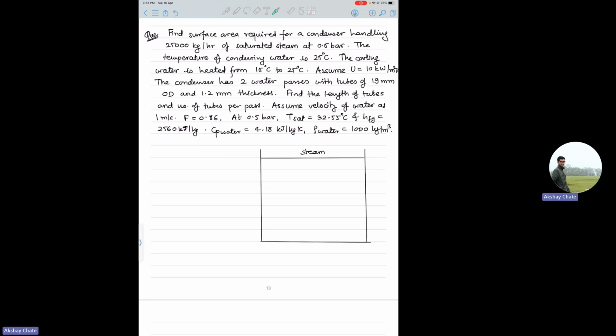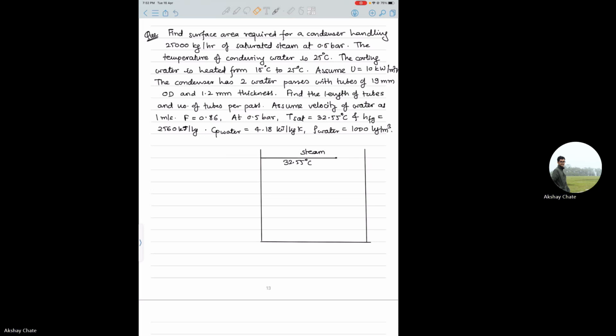So this will not be a straight line is what I'm trying to say, because at the start, till the phase change is happening, the temperature will be constant at 32.55 degrees Celsius, because that is the saturation temperature. But somewhere in between, your steam gets into the subcooled region. It condenses as water and then gets cooled.